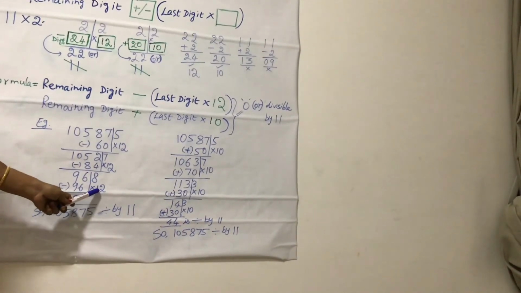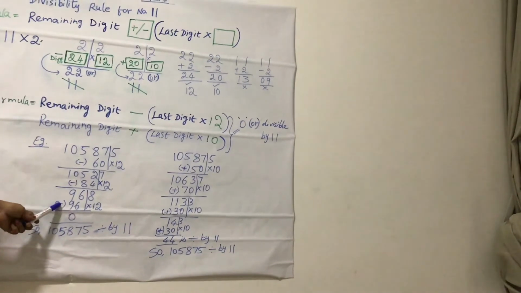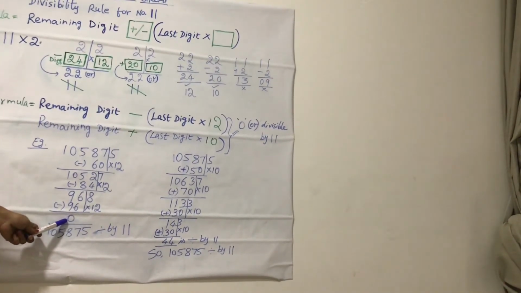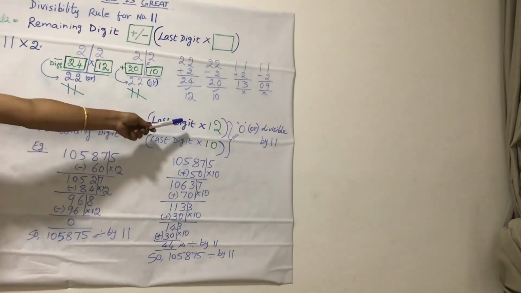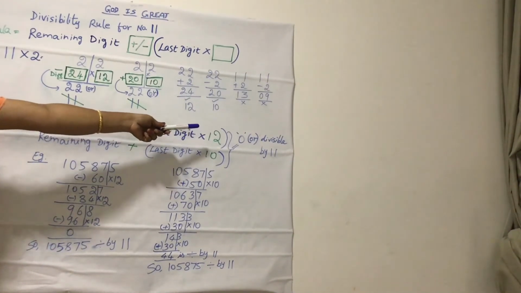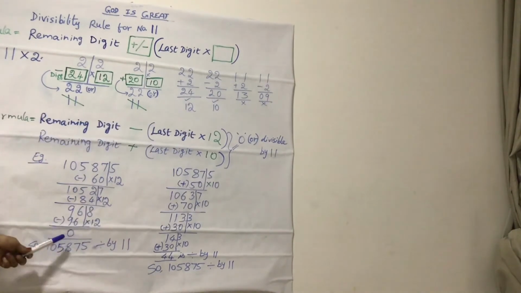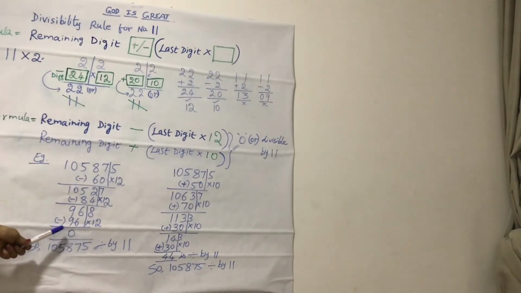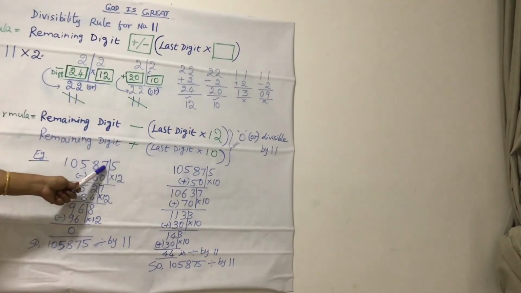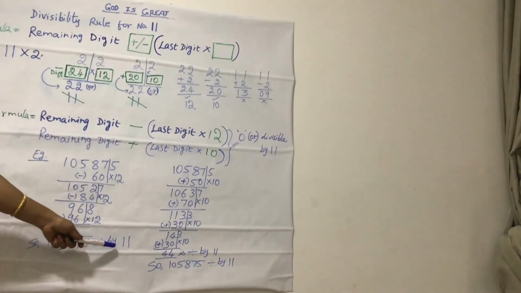And again multiplying by 12, I get 96, and if we subtract, it becomes 0. So our rule is that the answer should be 0 or any number that is divisible by 11. We got the answer as 0. It means that 105875 is divisible by 11.